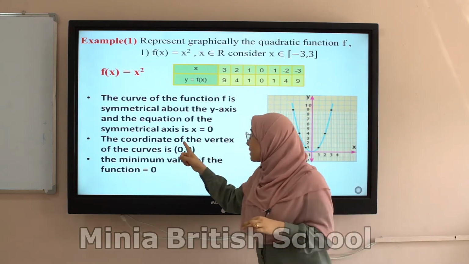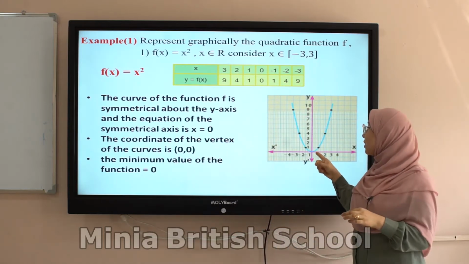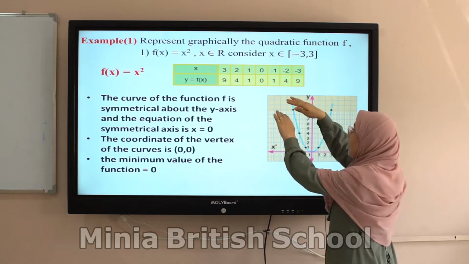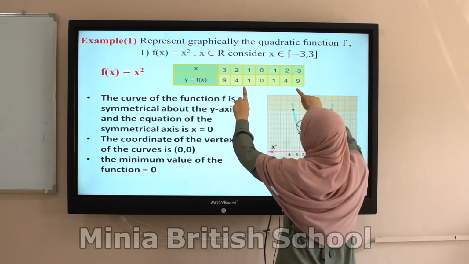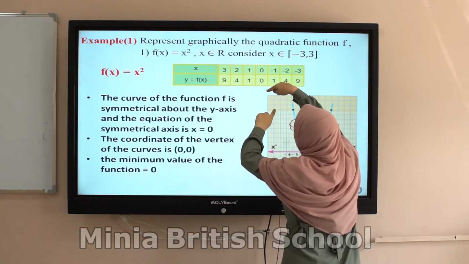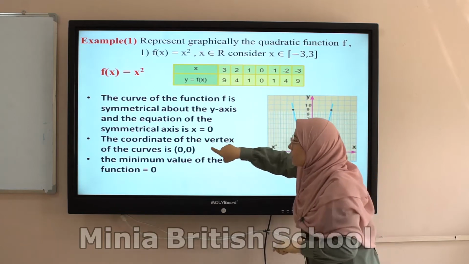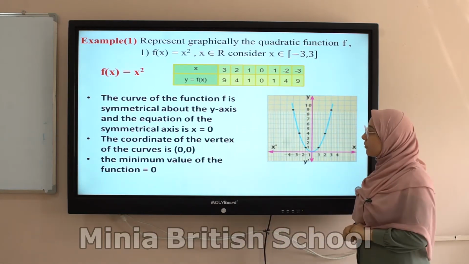So the point (0, 0) is the vertex of the curve, and the coordinate of the vertex is (0, 0). Here I have 7 ordered pairs: 9, 9, 4, 4, 1, 1, and the middle ordered pair (0, 0) represents the vertex of the curve.